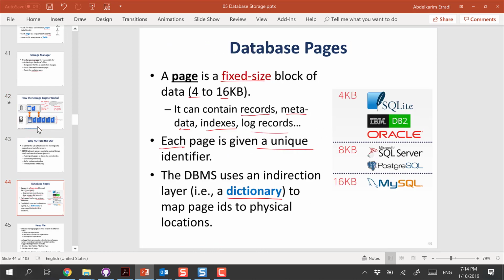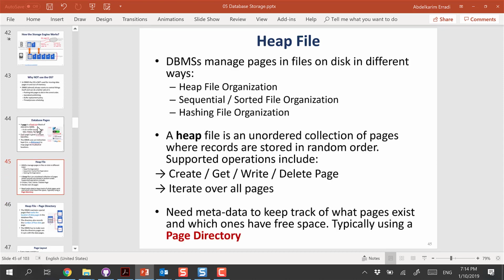Now, in terms of organizing the data inside the page, there are many ways of doing it. The most common way is a heap file organization. In a heap file organization, which is the most common, the records are not stored in any particular order. There is no order; they are not sequentially ordered. We can also have a sequential or sorted data file organization.